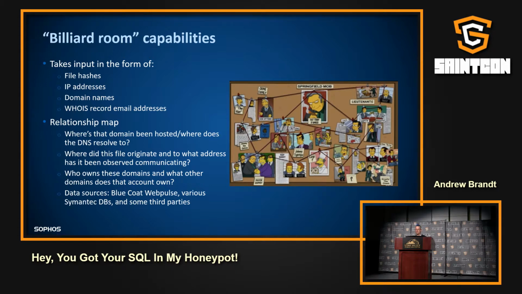That was part of this reputation service, and Billiard Room would let you query by the IP address, the domain name, the email address of the domain name's registrant, or the hash of the file, and it would dynamically generate a relationship map based on all of the detonations of malware that were running in the lab.